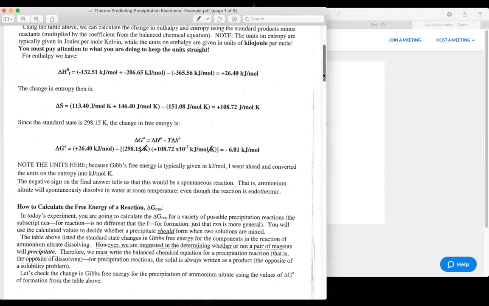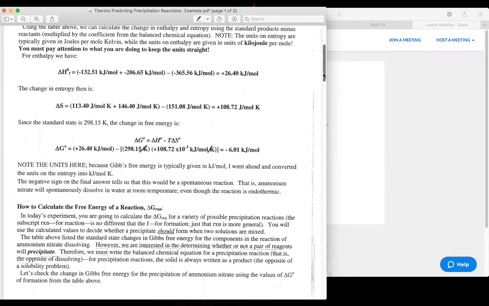But in today's experiment, precipitation, we are asking ourselves, suppose we get a source of silver ion, aqueous, plus chloride ion. Will the solution produce silver chloride solid? That is the question we're going to find out from calculation.